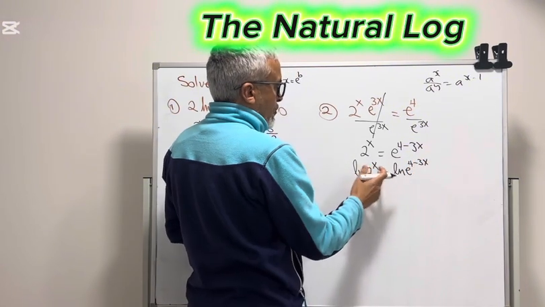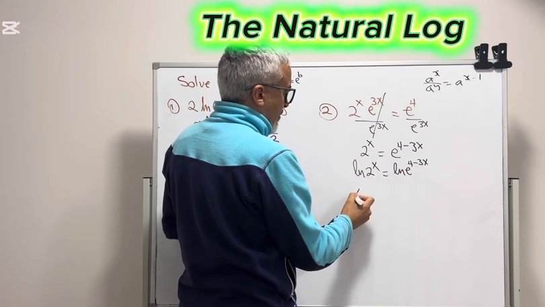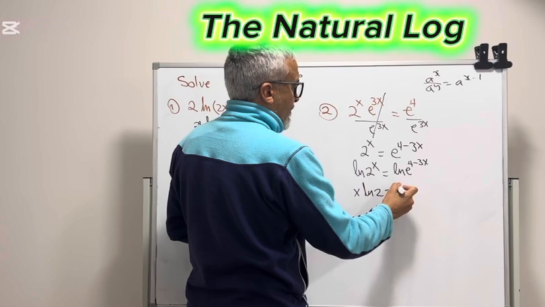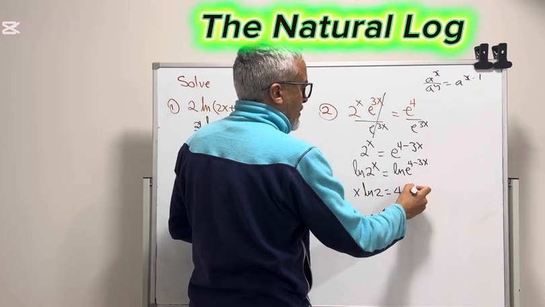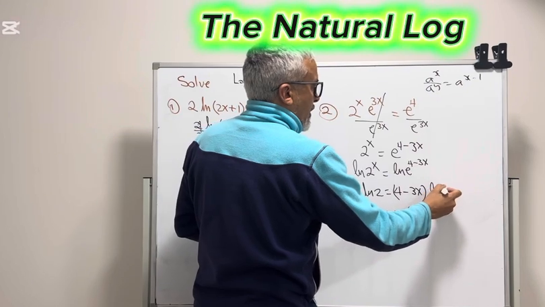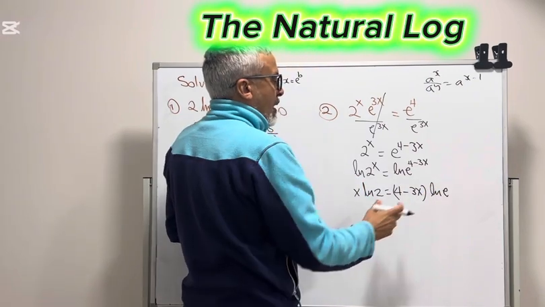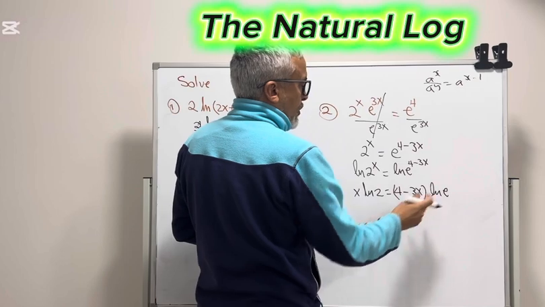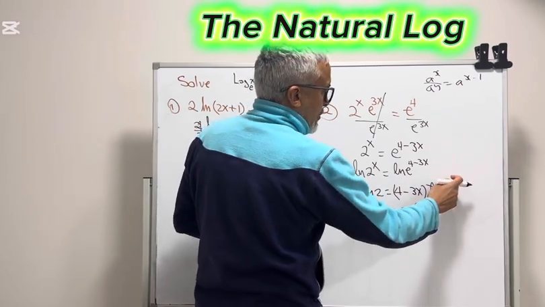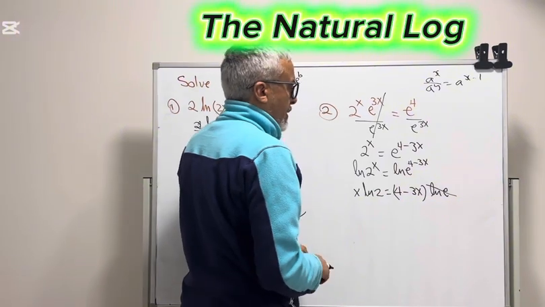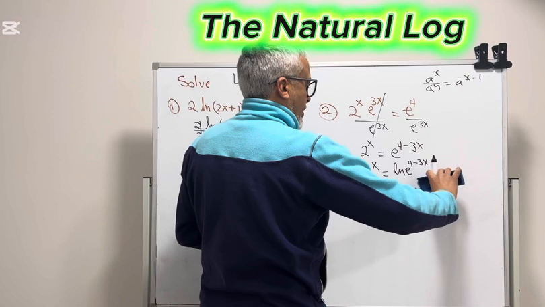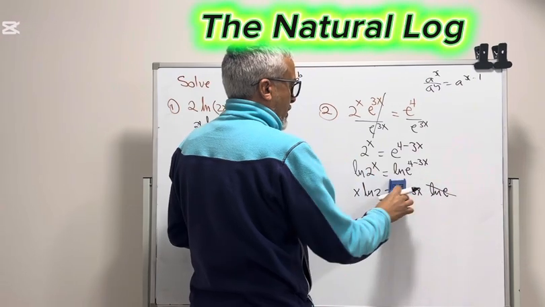Now the ln will allow us to bring the x down, so we have x ln 2 = (4 - 3x) ln e. A ln e is 1, so just get rid of that, because e to the power of what gives you e is 1. And we don't even need the brackets now. So we're just gonna get rid of the brackets to give ourselves space on the whiteboard here.